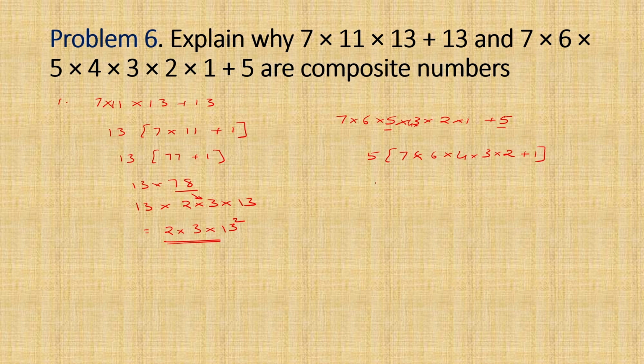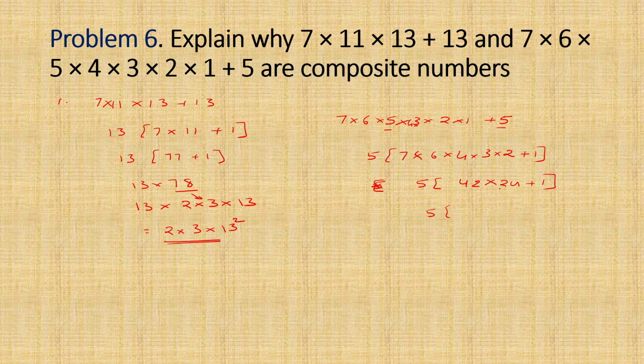No. So 5 into, calculate what you will get. 7 into 6 is 42, into 4 into 3 into 2 is 24, plus 1.